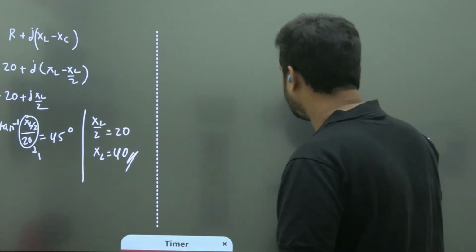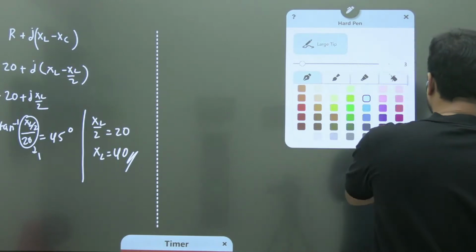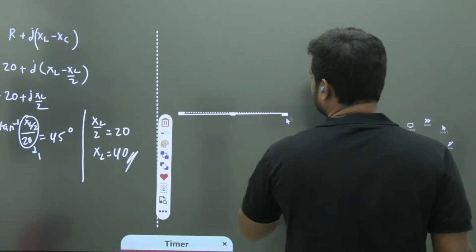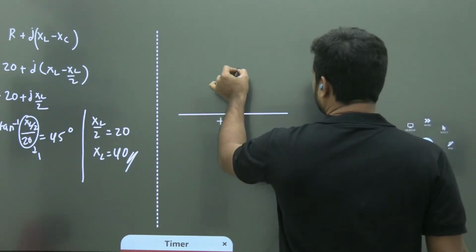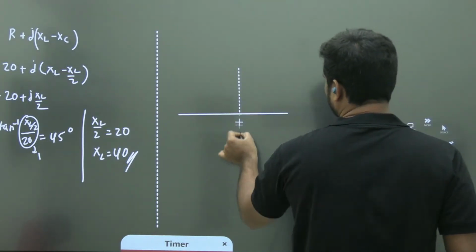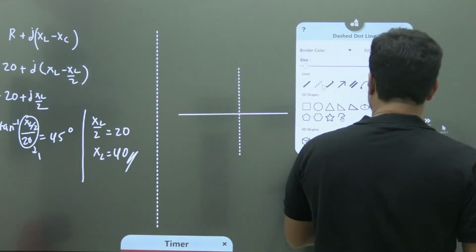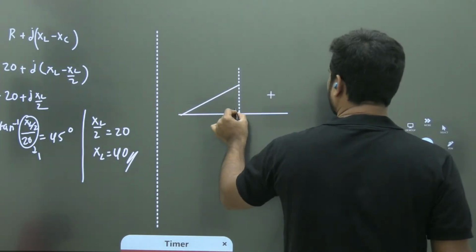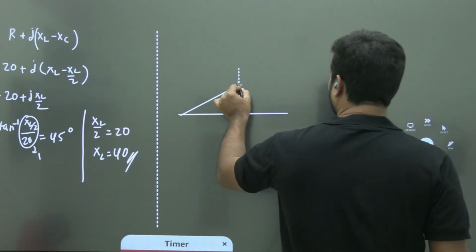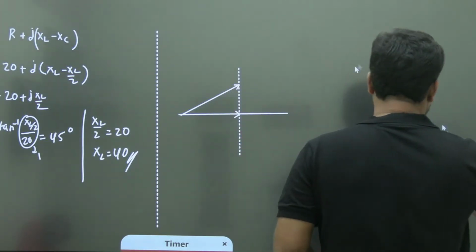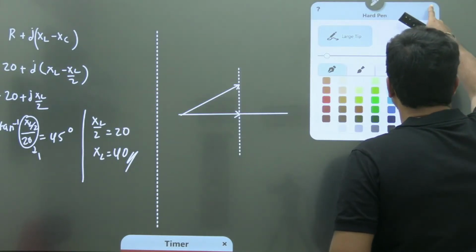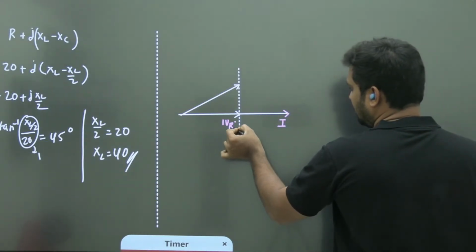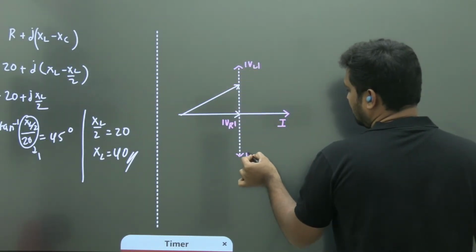Okay, so you can also do it like this. Listen, this is the current, VR, VL, VC.